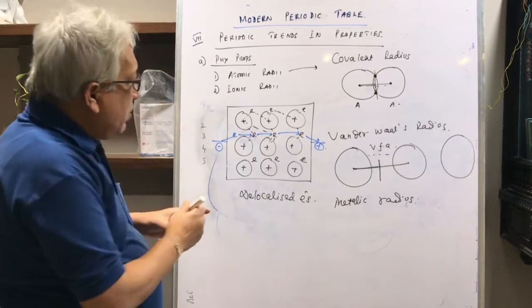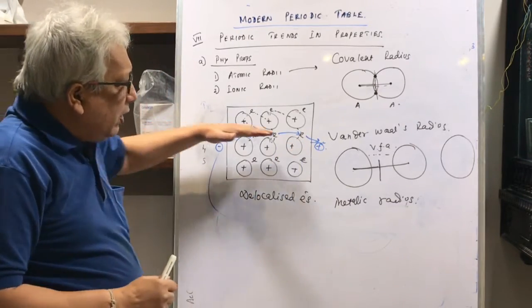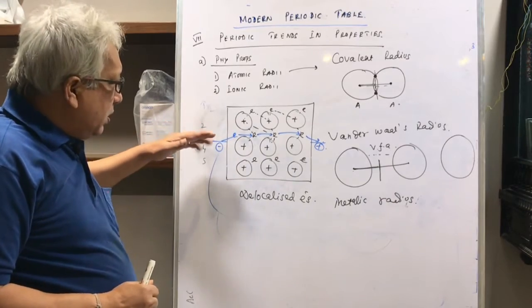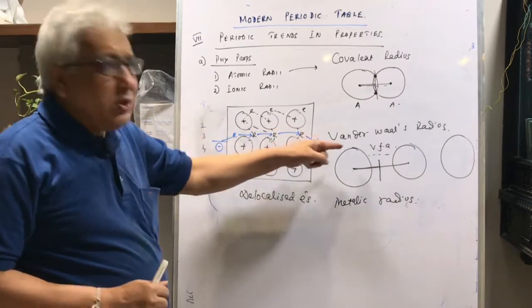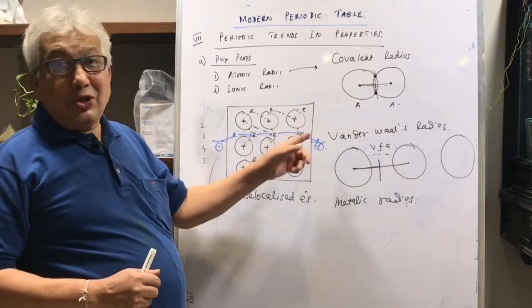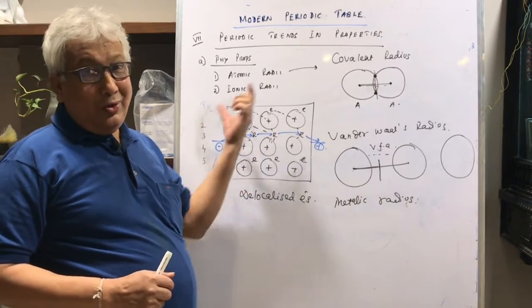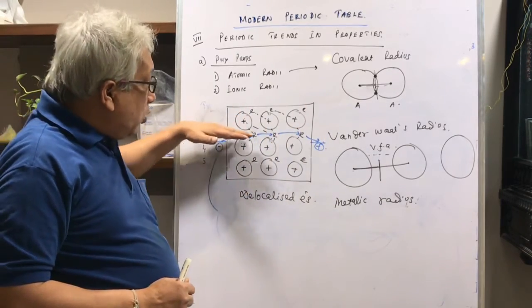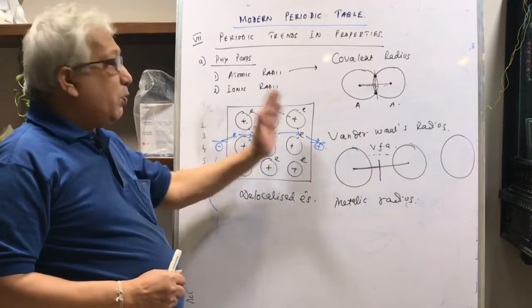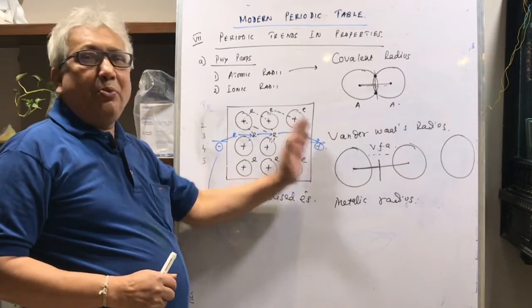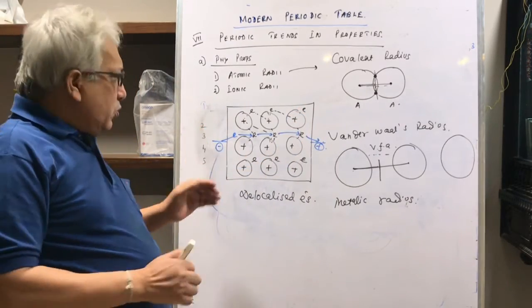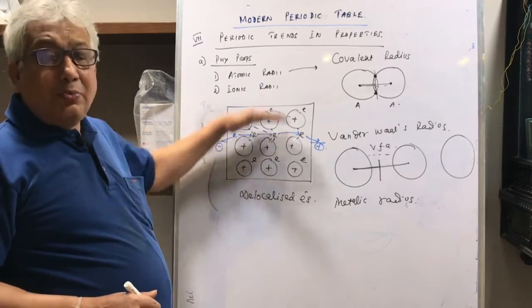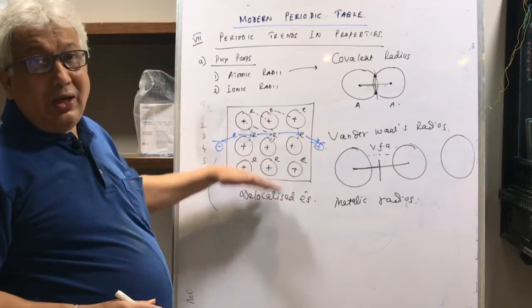So at any given time, there is a kind of relay race: one is entering from here, one is leaving from the other side. So it is not the same electron which is moving around. And because of this flow of electrons from negative to positive, there is flow of current from positive to negative. This explains the electrical and thermal conductivity of metals.